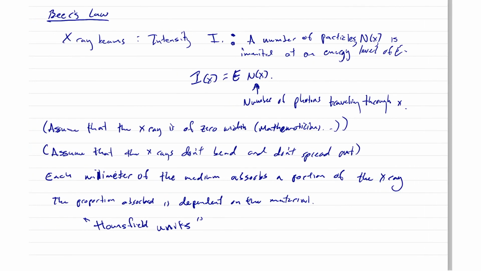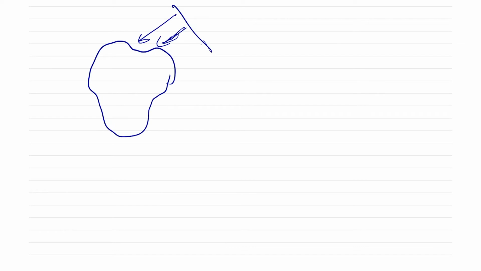So basically, we have some sort of mass that we're going through, and hopefully this isn't a person I just drew. And we're going to be shooting X-rays through it. When we go from X to this new point, X plus delta X, we're going to absorb a little bit more energy.